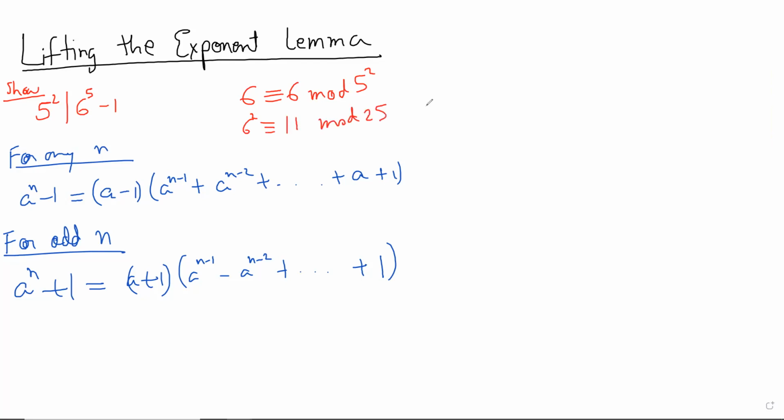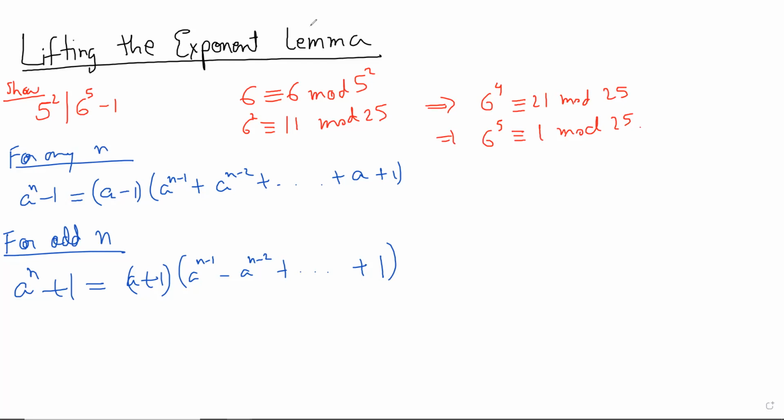Then 6 raised to power 4 will become 11 into 11, which is 121 mod 25, so that comes out to be 21 mod 25. And 6 raised to power 5 will become 21 into 6, which is 126, that is 1 mod 25. So it is indeed correct.